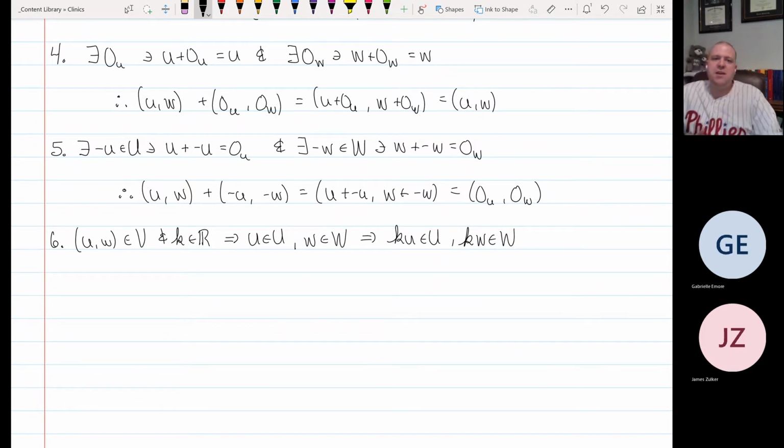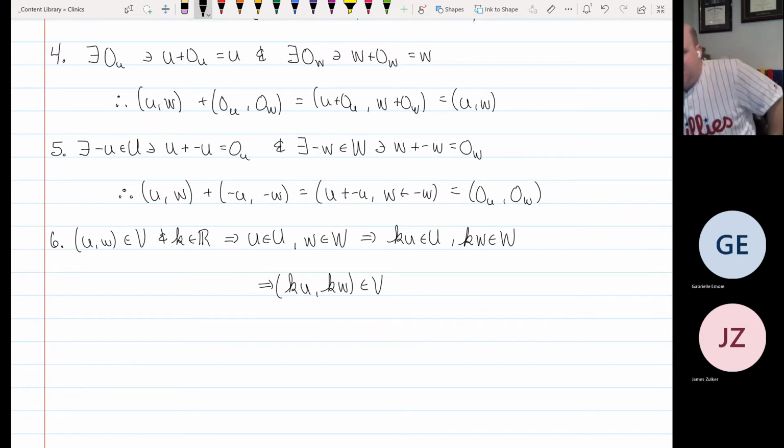Because U and W are vector spaces, so we know that they have to be closed under scalar multiplication. That would then mean, by definition, that KU, KW has to be in V, right? Because that's how we defined V. Well, then that would mean that K times U, W is in V. So we have closure under multiplication.